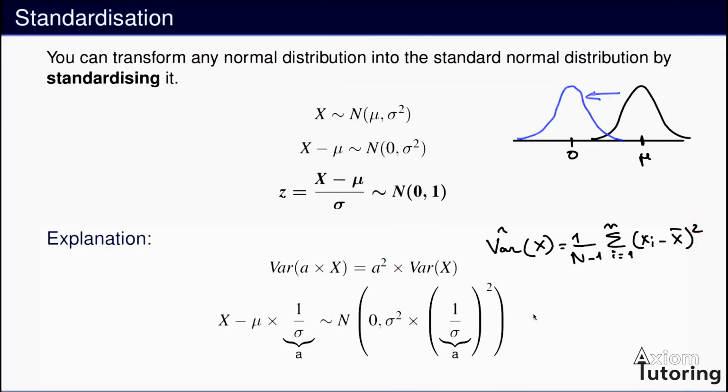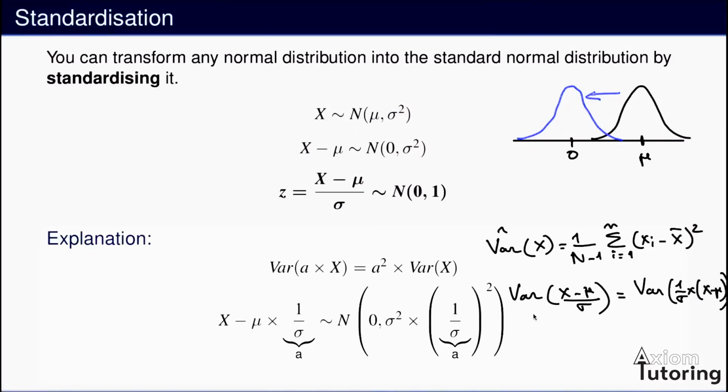So this implies that the variance of x minus mu divided by sigma is the same thing as the variance of 1 over sigma times x minus mu.